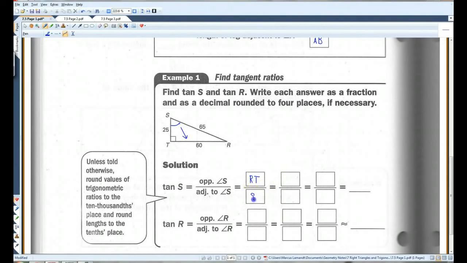The adjacent side is ST. RT is 60. ST is 25. If I divide both of these by 5, I get 12 over 5. That's about 2.4.